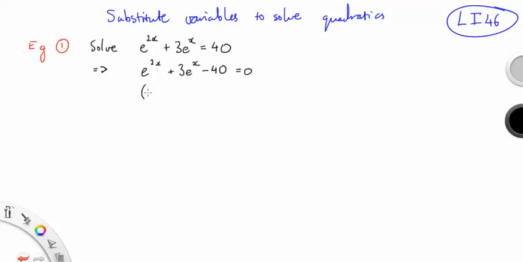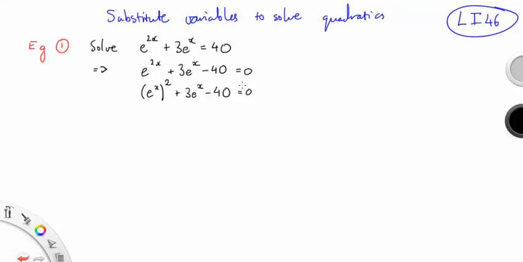So I'm going to rewrite it as e to the x all squared. This is the same because of index laws. Plus 3e to the x minus 40 equals 0. So what should jump out at you is that it's something squared plus 3 times something minus 40 equals 0. This looks like a quadratic now.